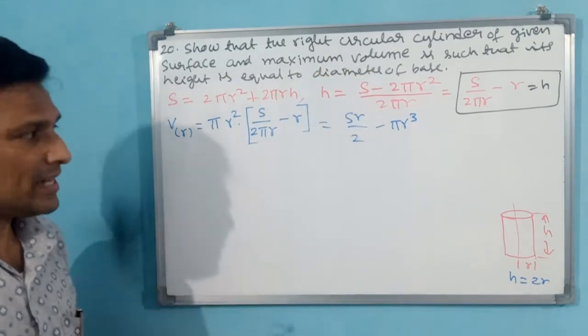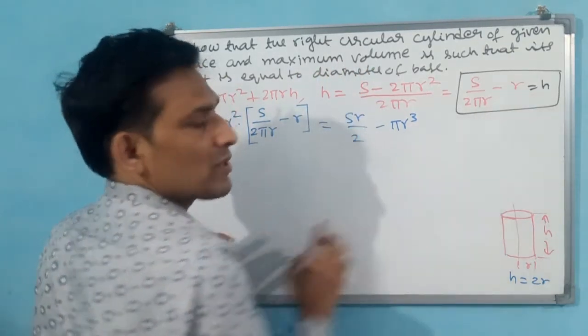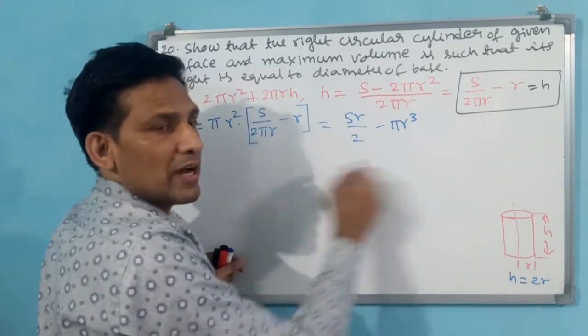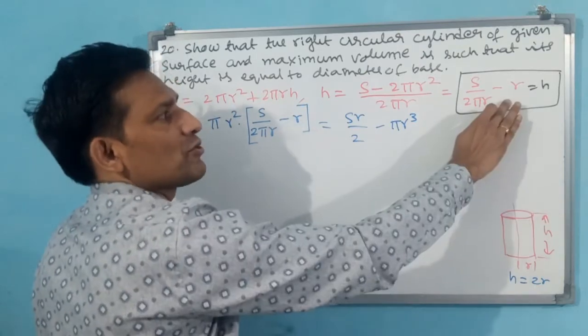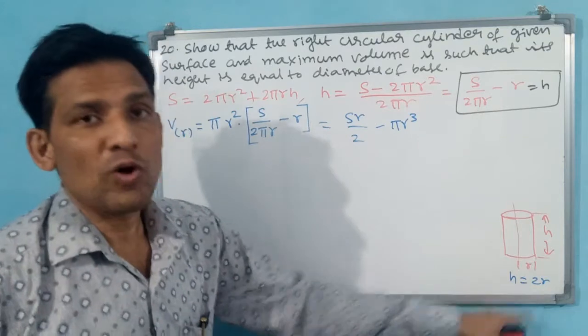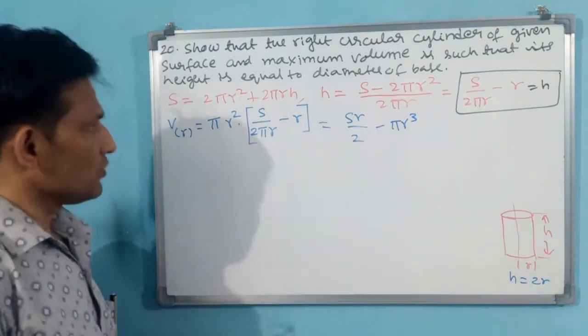Then you find h, because h in terms of r is there. If you make V dash r equal to 0, the r value will come. Substitute this r here, then h will come. That h should be equivalent to 2r. That is the procedure.